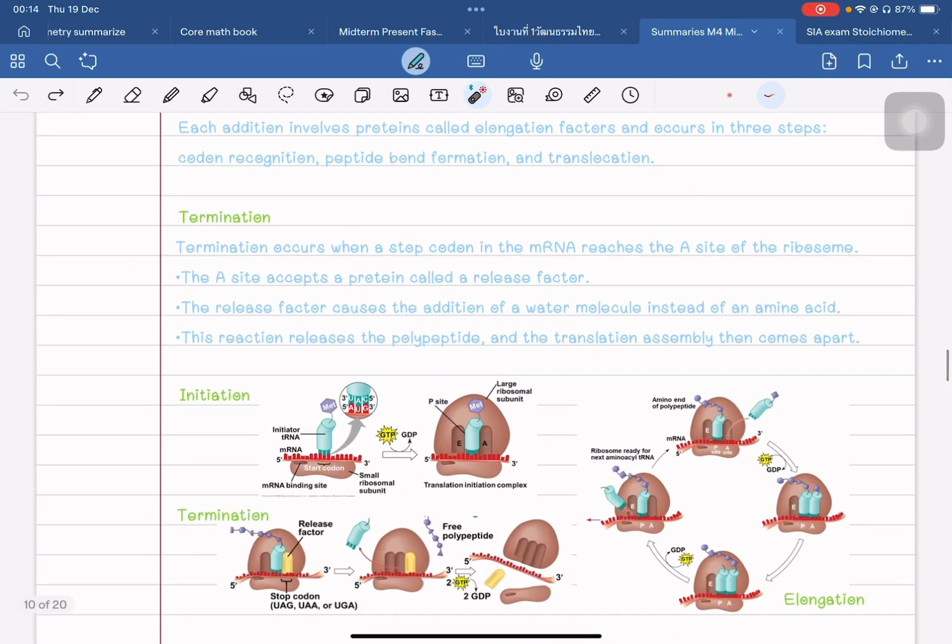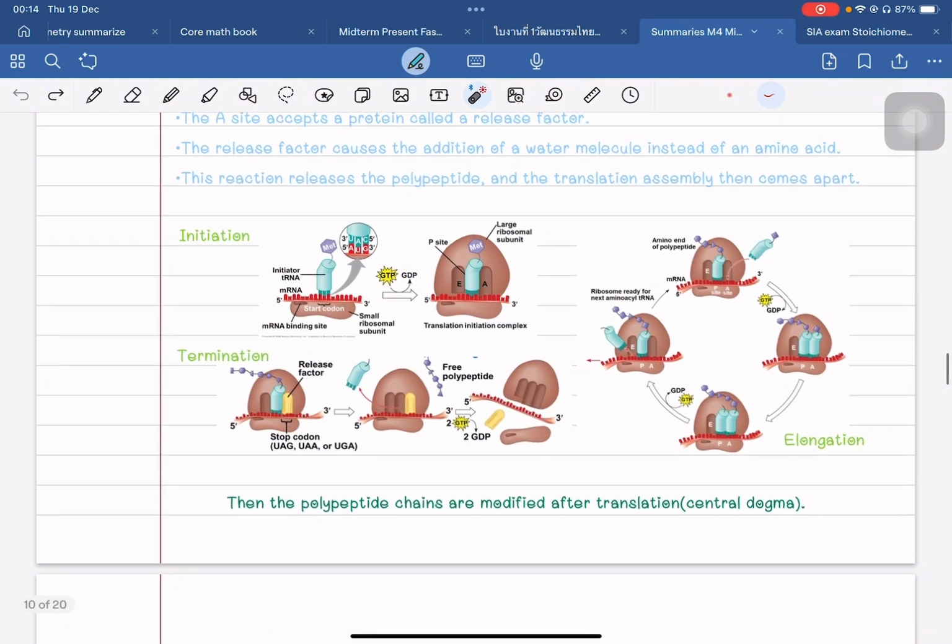And the last stage is termination. So termination occurs when the stop codon on the mRNA reaches the A site of the ribosome. The A site will accept the protein called the release factor. Then the release factor will cause an addition of a water molecule instead of an amino acid. This reaction will release the polypeptide, and then the translation assembly comes apart.